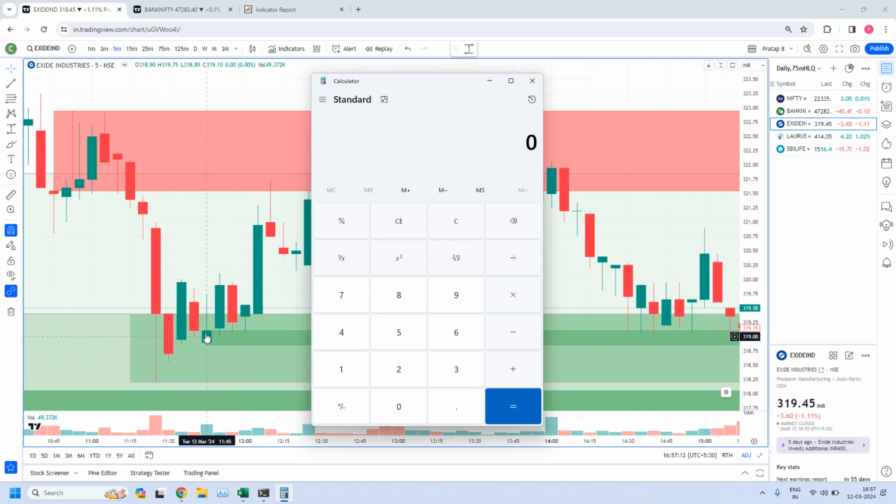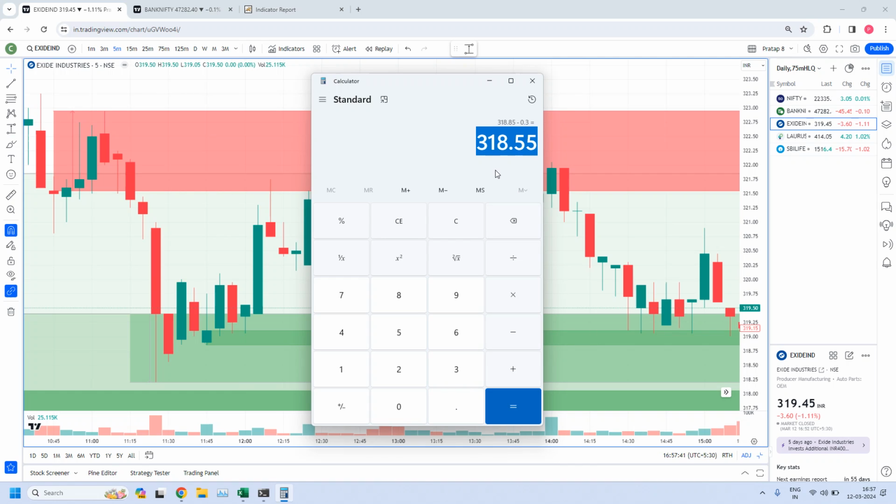The low of this particular candle, that is the distal line, is 318.85. The low of this candle, 318.85, minus 0.30. So 318.55 is our stop loss.